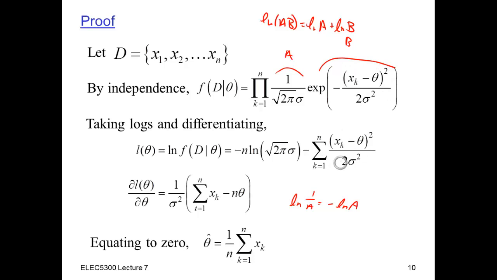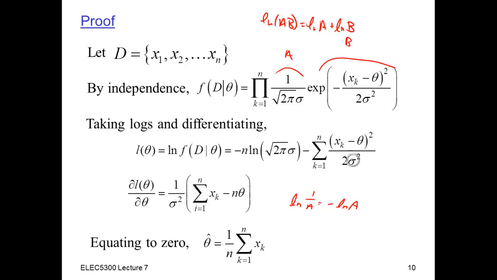Now I can differentiate with respect to theta, and because theta only appears in the second part, when I take the derivative, this first term disappears. So I can forget about it, and I just get the derivative of this, and I can move the derivative inside the sum.